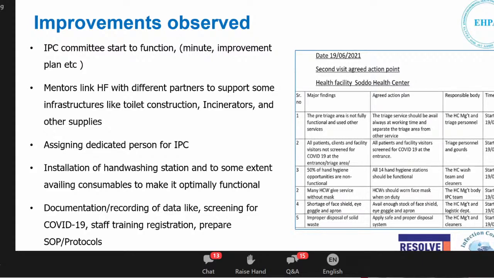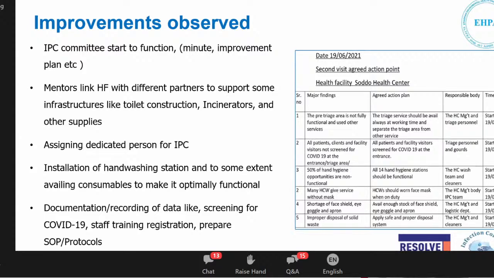As a project, we drafted, referring to the Ministry of Health guidelines and global experience, standardized registration books, minute books, and staff training registration books, and also adapted the SOP for the facilities. On the left side, you can see an improvement plan that one of the facilities prepared: major finding areas, agreed action points, and the responsible body who will deliver by what time.